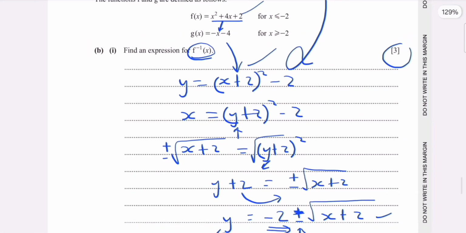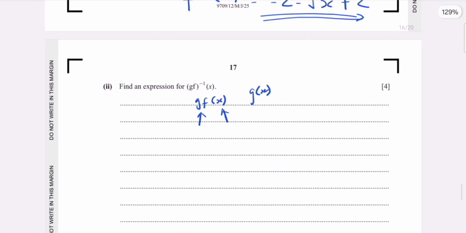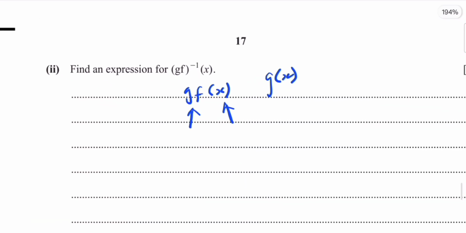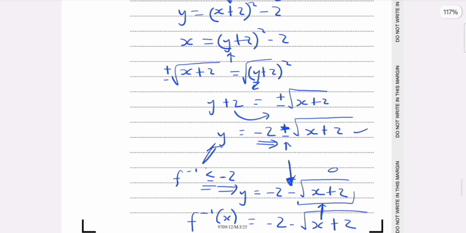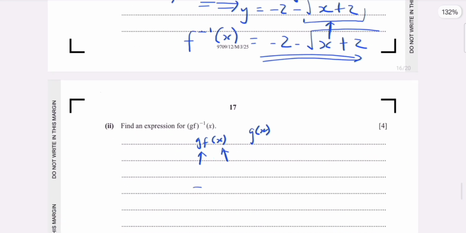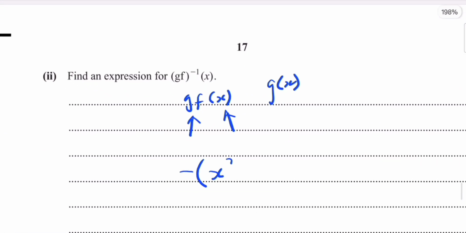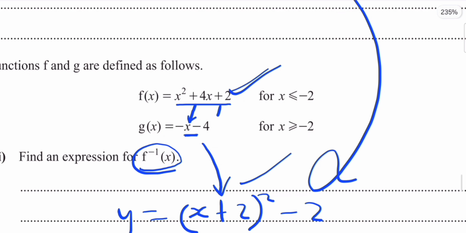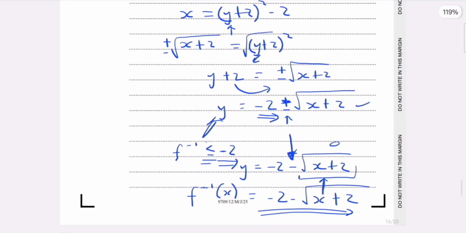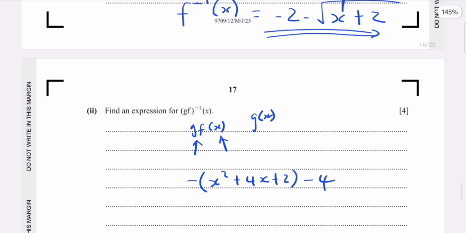So that's minus a minus outside, so it's minus this, right? Let's start off by writing it as it is, minus x squared plus 4x plus 2 minus 4, replacing this x with this, right? This is our g of x.